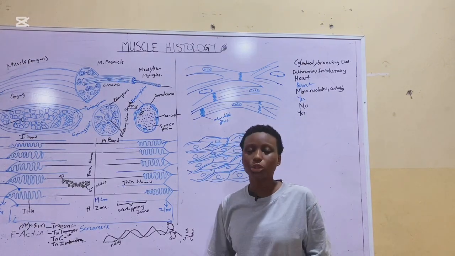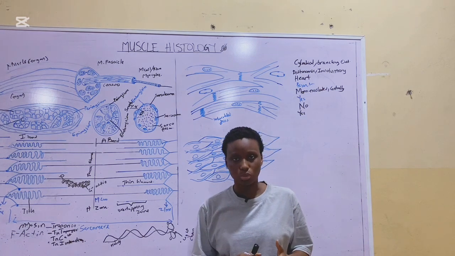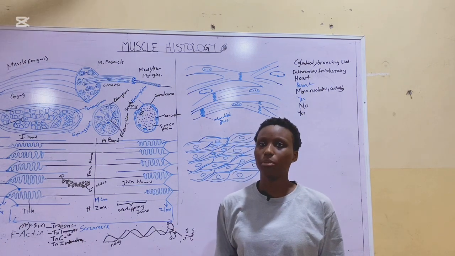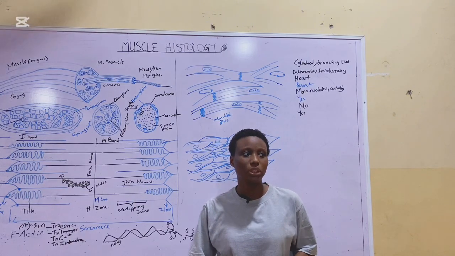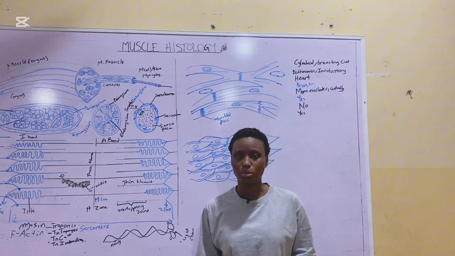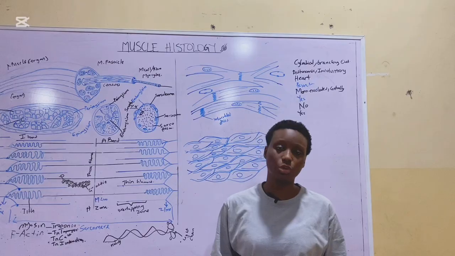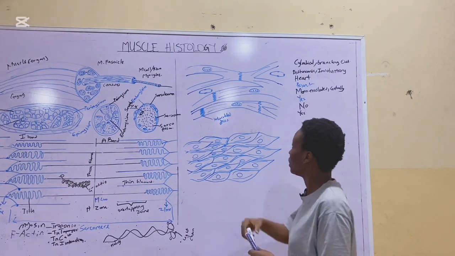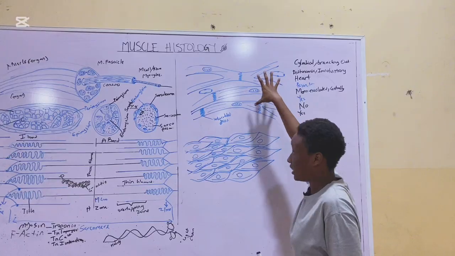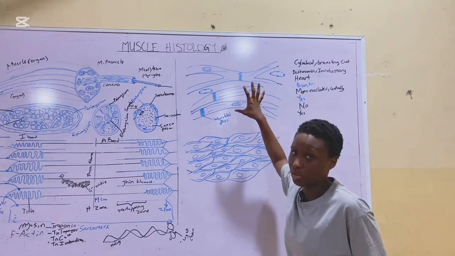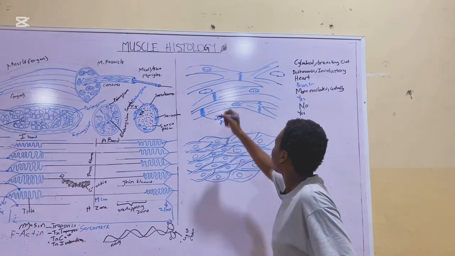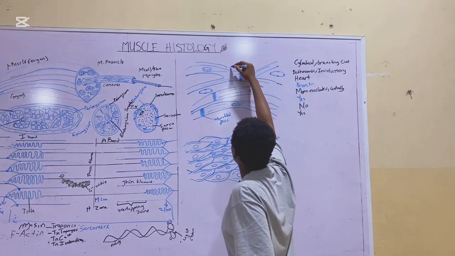Connective tissue. The connective tissue of the cardiac muscle is similar, but it doesn't exactly have the same significance as in the skeletal muscle. Obviously, in cardiac muscle, we also have the endomysium. This is the cell itself of cardiac muscle, and we have connective tissue surrounding it.